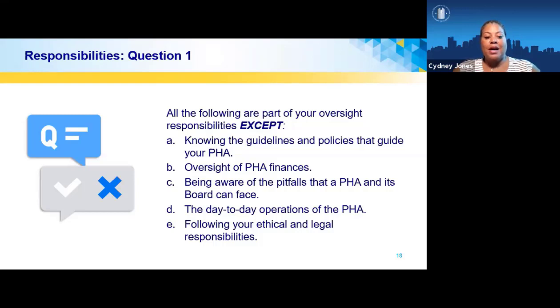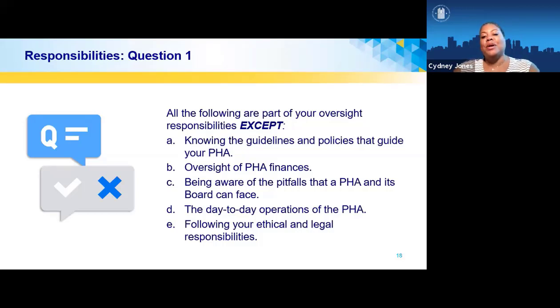Very good. Keep in mind, your job is to make sure that you understand the day-to-day operation of the PHA. So, all of the following are part of your oversight responsibilities except. Exactly, who is managing the day-to-day operations of the housing authority? That is the executive director, so good job there.